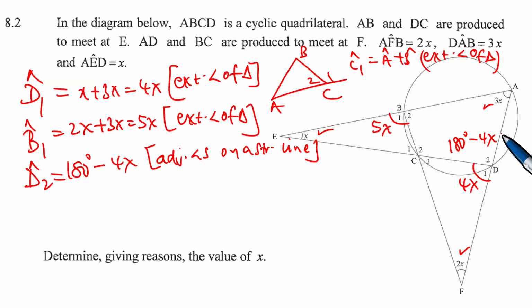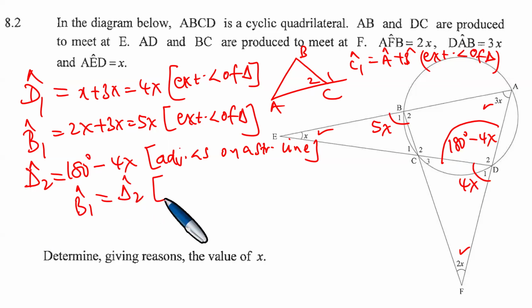So from this, we're able to see that the angle B1 is equal to the angle D2. Why? Exterior angle of cyclic quad.